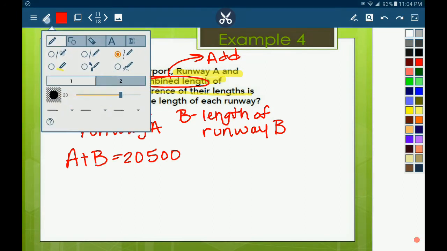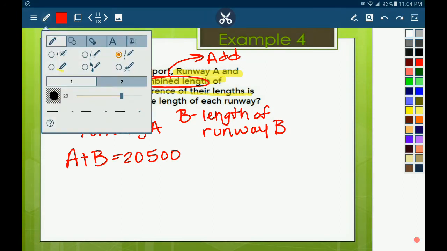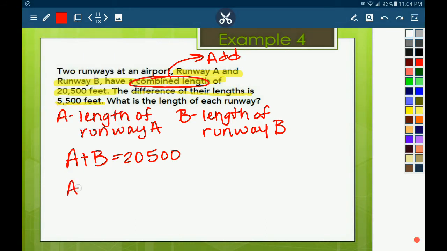Well, difference would mean that we need to make a subtraction problem. So A minus B is equal to 5,500. So now I can see that the B terms are additive inverses. Positive B plus negative B, that's 0.